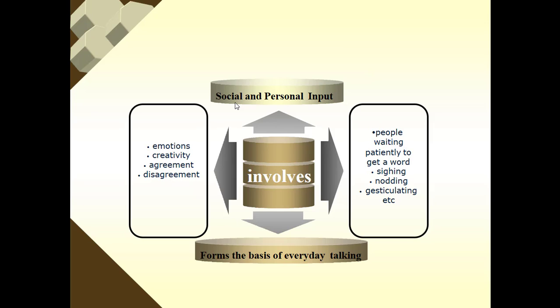Emotions, creativity, agreement, disagreement, people waiting patiently to get a word, sighing, nodding, gesticulating, I don't know, throwing little pieces of paper in your classrooms, sending chats inside our classroom. For example, maybe you have a group on WhatsApp with me, but now I think that you have a secret group for you to talk more freely, right? So all of those ideas are going to be part of the interaction inside the classroom, right?